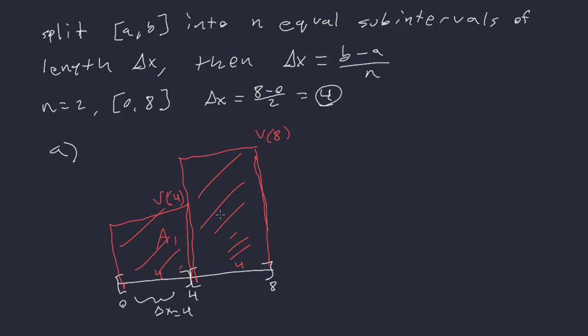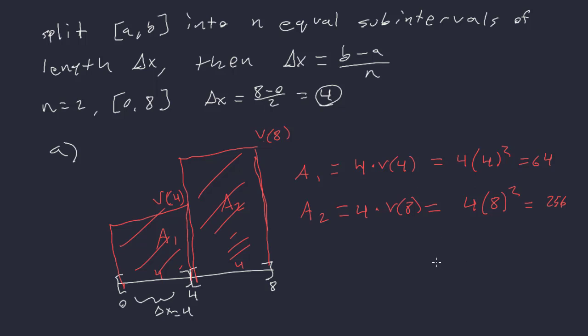So the area of the first one and the second one, A1 is going to be the base 4 times v of 4. The area of the second one is going to be the base 4 times the height v of 8. And so this will be 4 times 4 squared, and this will be 4 times 8 squared.